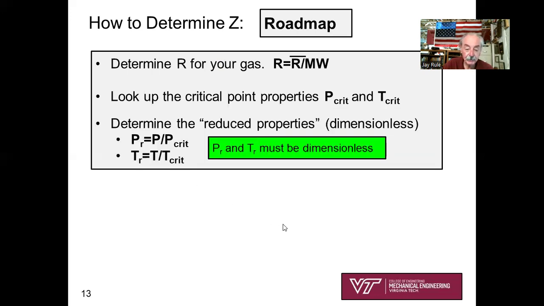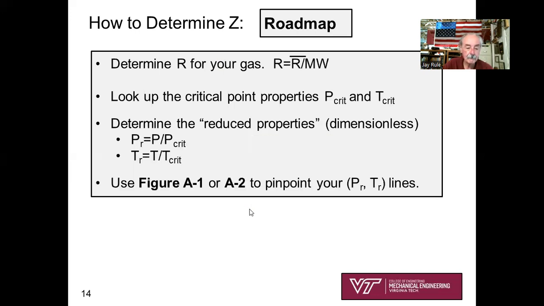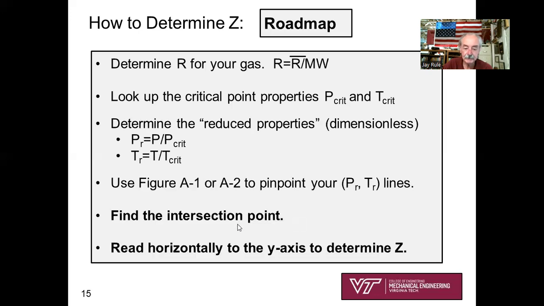Then you determine your reduced pressure and reduced temperature, PR and TR. Use those definitions, P over P crit, T over T crit. They've got to be dimensionless. Then you're going to go to this graphical table and what you have to do is find the PR/TR coordinates for yourself. So there's no pressures and temperatures, only PRs and TRs. Can be a little tough to find, but you can find them.